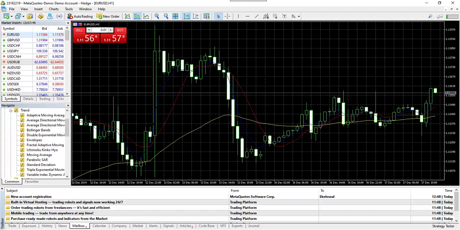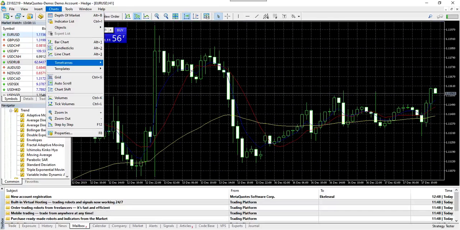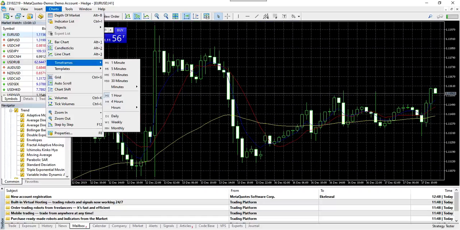Possibly there was news in the market that actually took this up. Okay, this is 12th of December. Okay, let's see the time frames. This is 1 hour time frame.